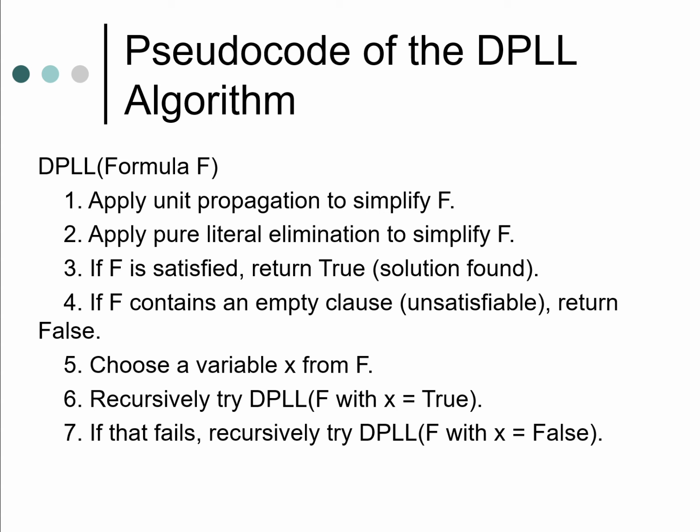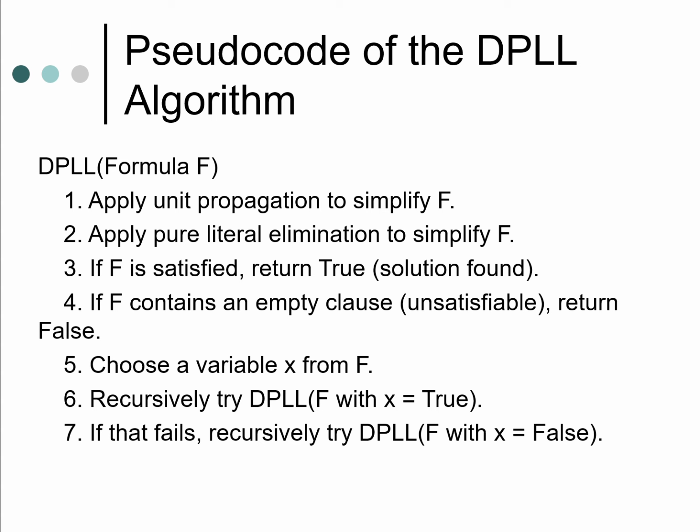This shows the pseudocode of the DPLL algorithm. DPLL of formula F applies unit propagation to simplify the formula, then applies pure literal elimination to simplify the formula. If the formula is satisfied, we return true, as we have identified the solution. If the formula contains an empty clause, it is unsatisfiable and it will return false.